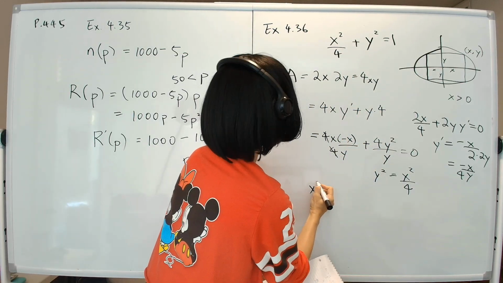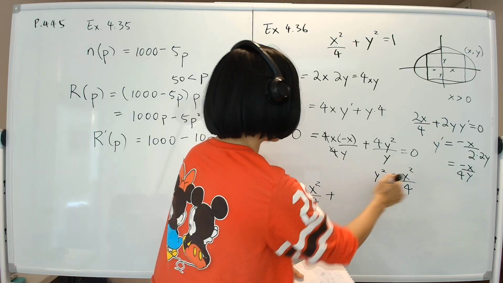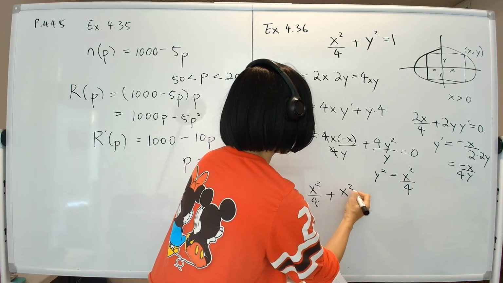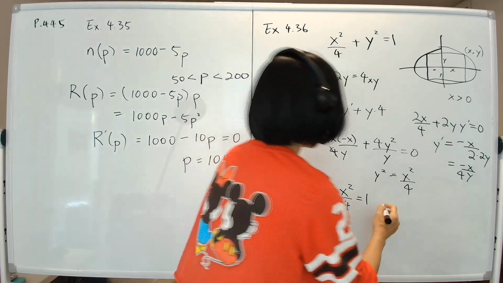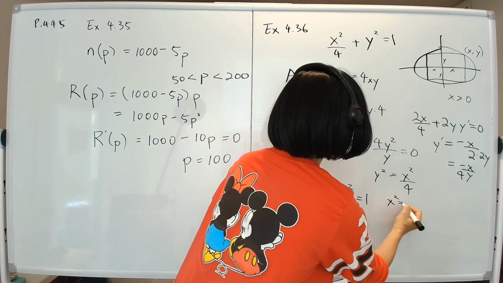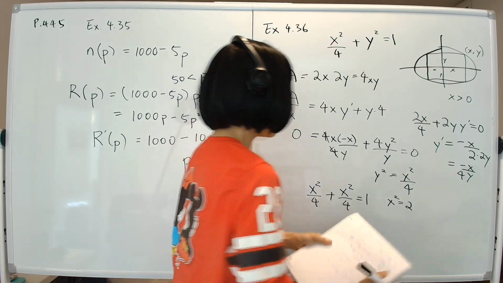So x squared over 4 plus y squared, which is also x squared over 4, equals 1. That gives you x squared equal to 2, which means x equals the square root of 2.